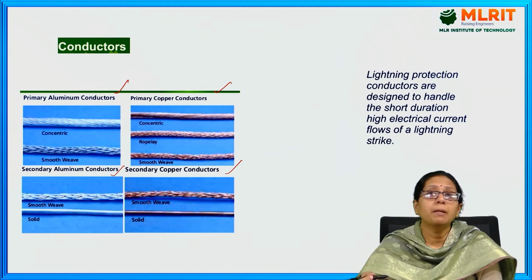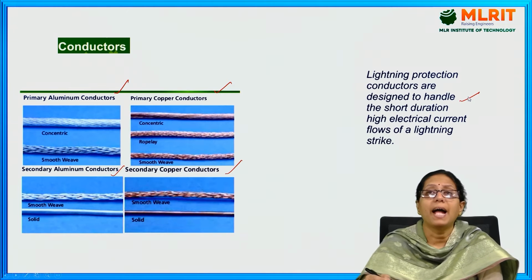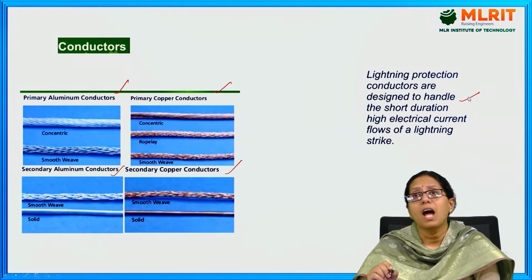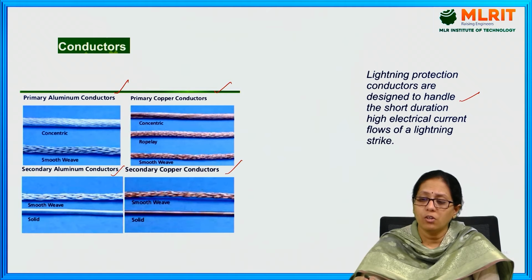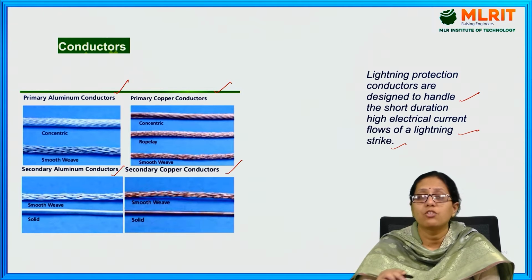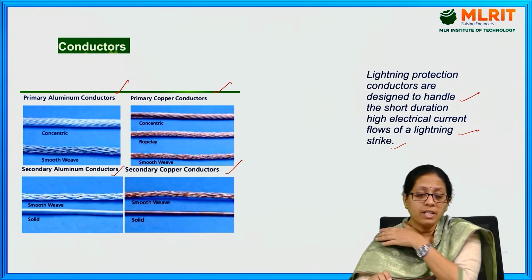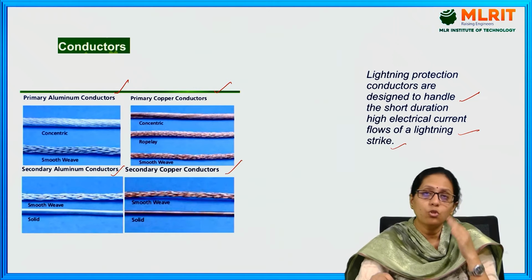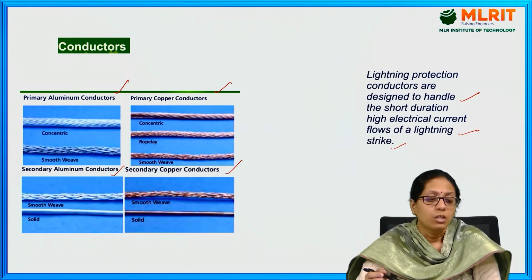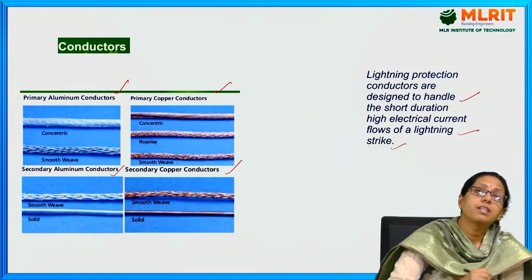The lightning protection conductors are designed to handle the short duration, high current flow due to the lightning strike. That means in order to bear this lightning strike, the cable size also should be decided. So these are the different sizes.